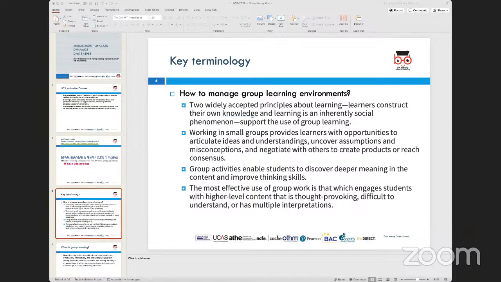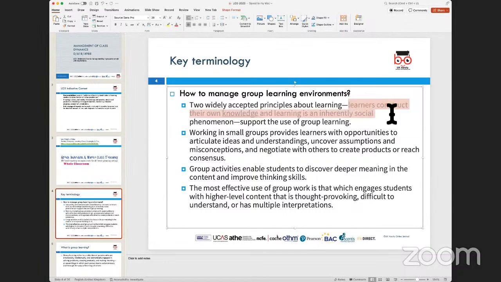Now there are lots of strategies that you can look at in terms of managing learning in groups. There are two widely accepted principles or strategies that we look at. One is that learners construct their own knowledge, and the other is that learning is an inherently social phenomenon.